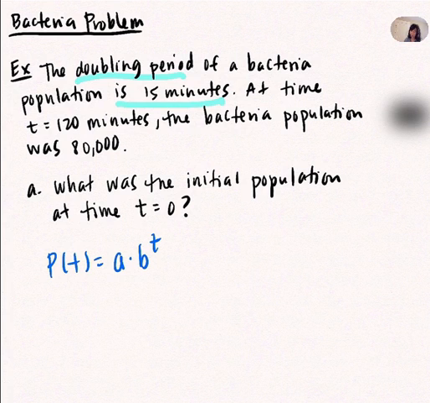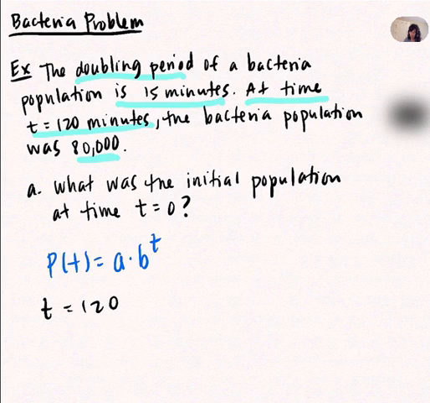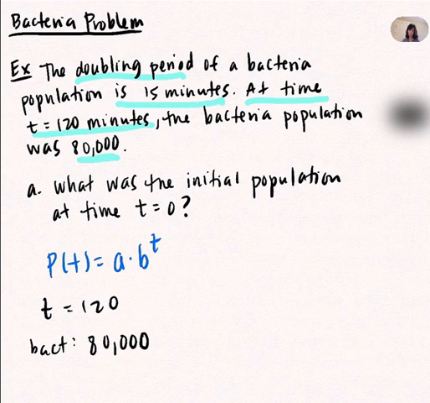It also tells us that at time t equals 120 minutes, the bacteria population was 80,000. So we know that when t equals 120, there are 80,000 bacteria. We also know that the amount of time it's going to take for these bacteria to double is 15 minutes.